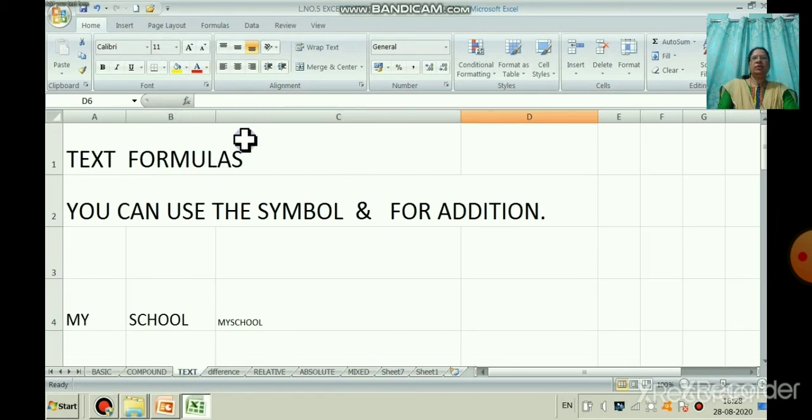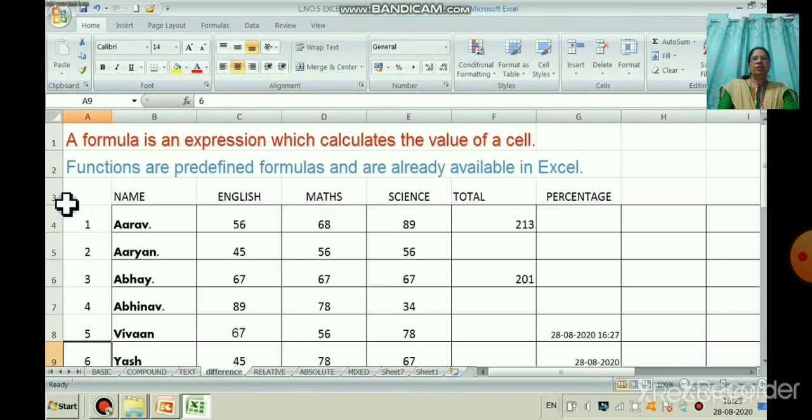And we learned text formulas. You can combine text using the AND symbol operator. You have learned plus, minus, forward slash, into, these are all symbol operators.